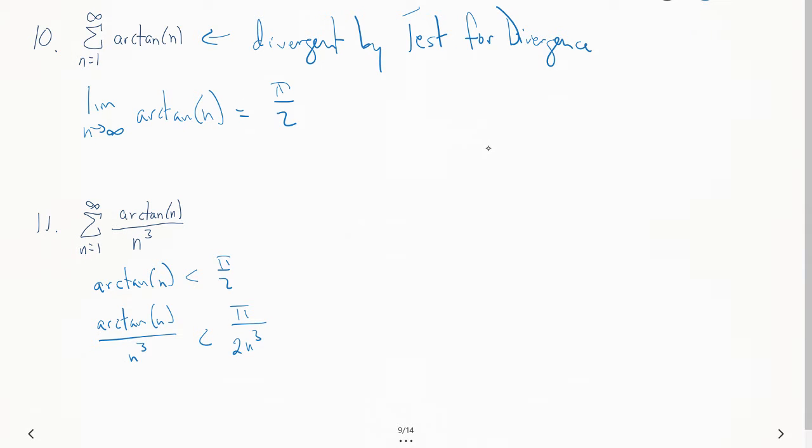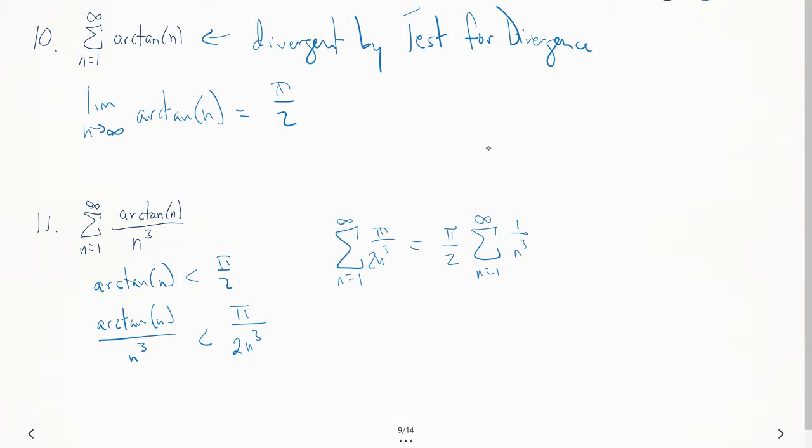So what does that mean? Well, notice the summation n equals 1 to infinity of pi over 2n cubed. That might freak us out at first, but pi over 2 is just a constant. So now we can start playing with these sums. This is pi over 2 times the summation n equals 1 to infinity of 1 over n cubed.